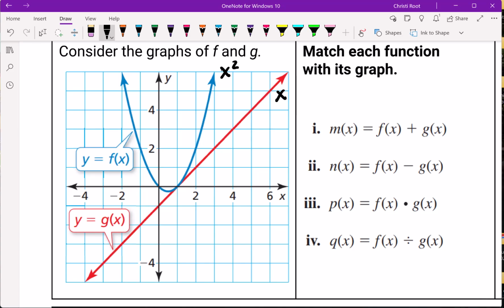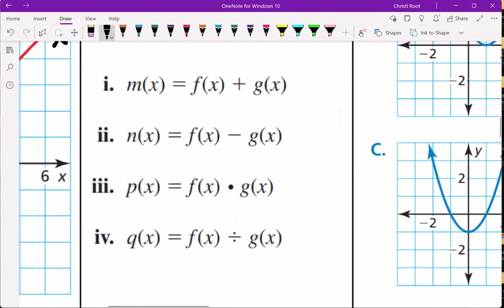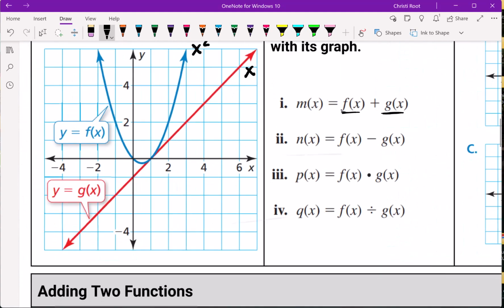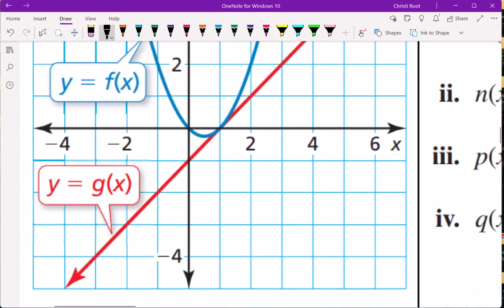So what it wants us to do is add the graphs together. This one says f of x plus g of x. Let me tell you how to do that. We're going to pick a couple of points on the same x value, okay? So let's say x is 0. So I have 0, 0 here. You can go ahead and put that in your notes, okay? And then this one is 0, negative 1.